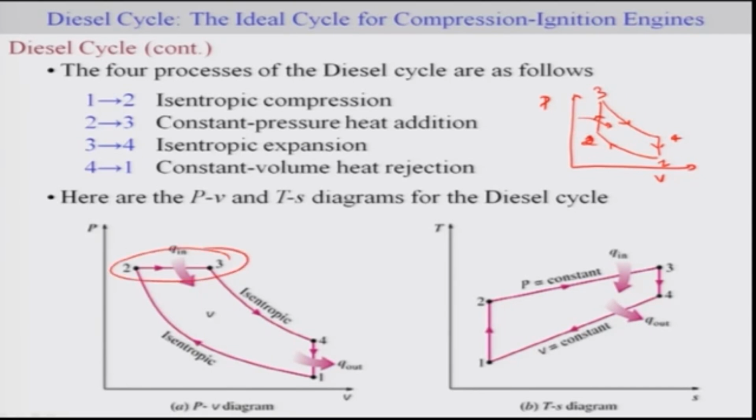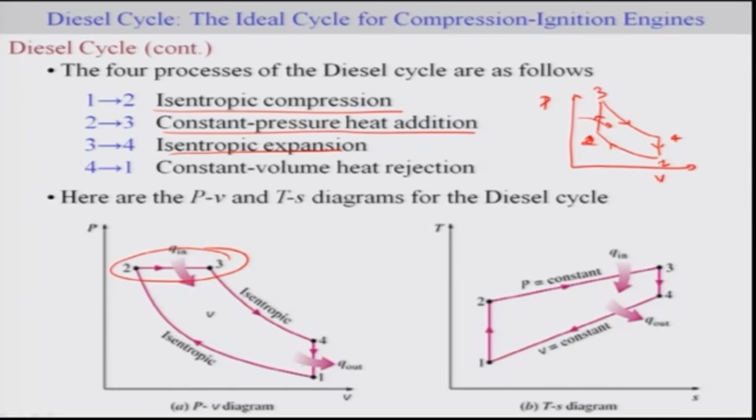So, this has been changed from constant volume to constant pressure. So, 1 to 2 is still the isentropic compression, and 2 to 3 is your constant pressure heat addition instead of constant volume heat addition as in the Otto cycle, and 3 to 4 is your isentropic expansion, and 4 to 1 is constant volume heat rejection.